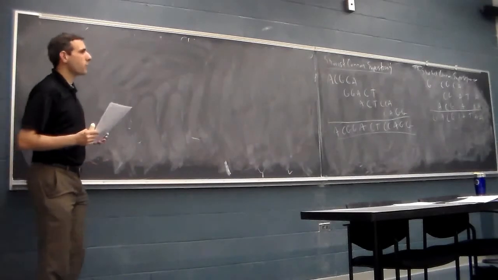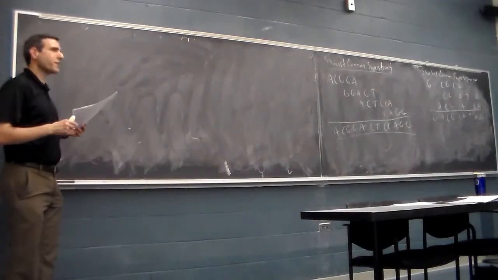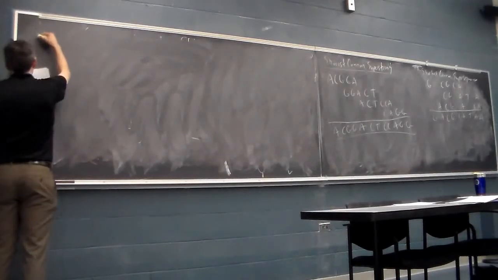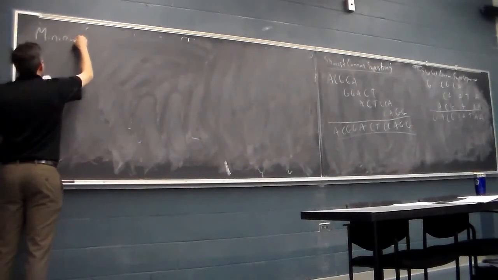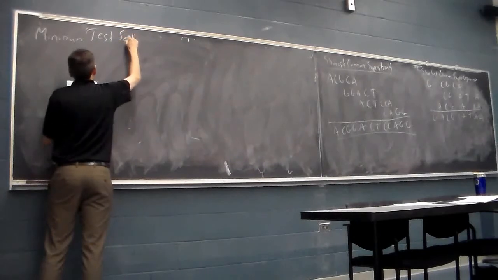So they're often useful for reductions. They come up in quite a lot of contexts because they're a more general version of things you can typically do with graphs. And I'll show you one example of this called the minimum test set problem.